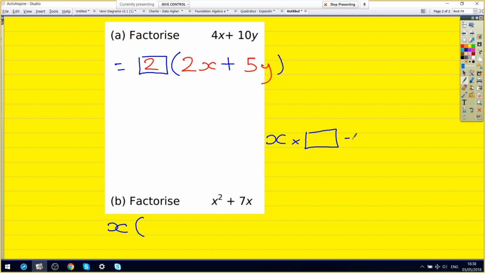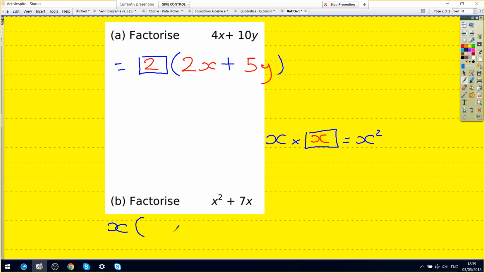No. It's not 2. I don't know that bit. X. Oh yeah, because if it hasn't got a number it's got a 1 in front of it. Oh yeah, it would have to be times the letter.